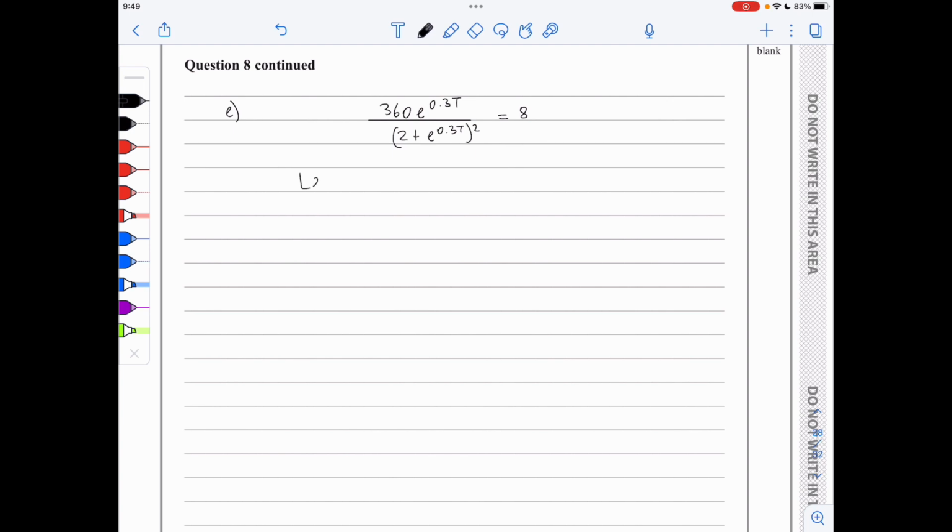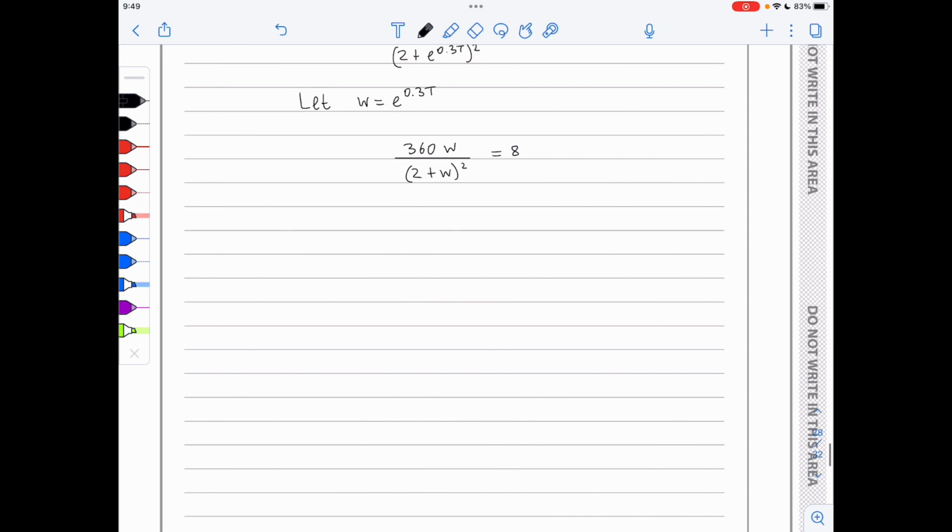I will start by letting w be e to the 0.3 T, which means we've got 360 w over 2 plus w squared is equal to 8. Now I will cross multiply to get 360 w is 8 times 2 plus w squared. The 8 with the 360 simplifies to leave me a 45 on the left.